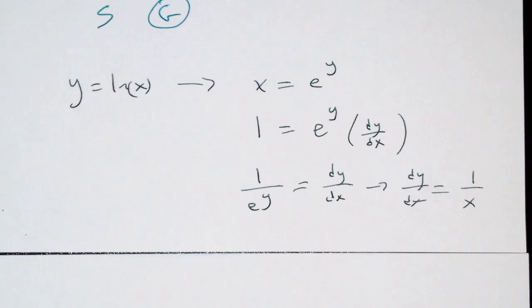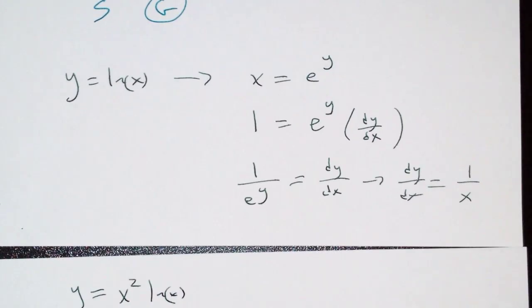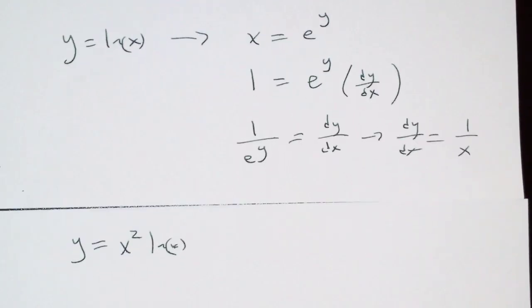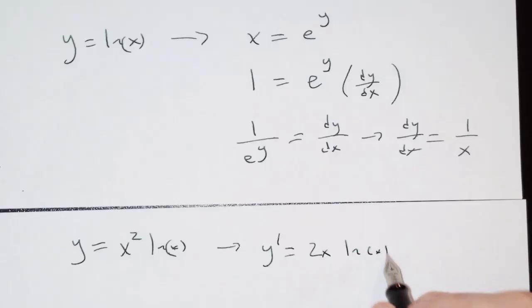Now it's just a matter of inserting this knowledge with other rules, right? So if I had this, I can do the product rule. But the product rule with the derivative of the ln, right? So product rule says I do the derivative of the first, leave the second alone.